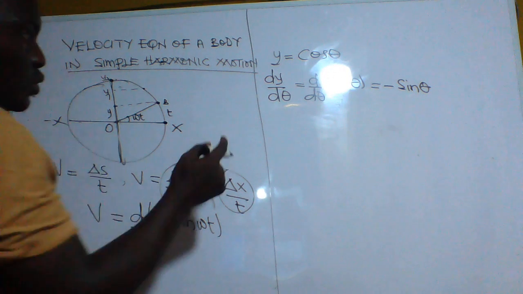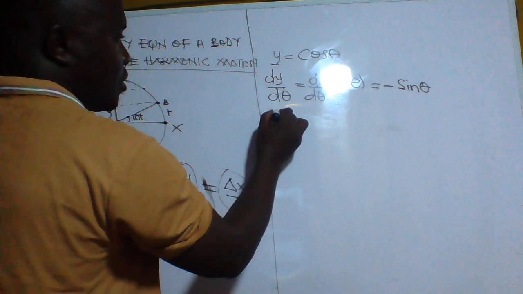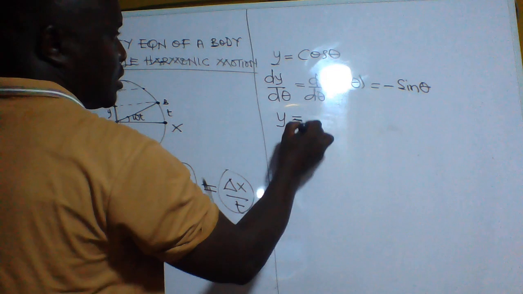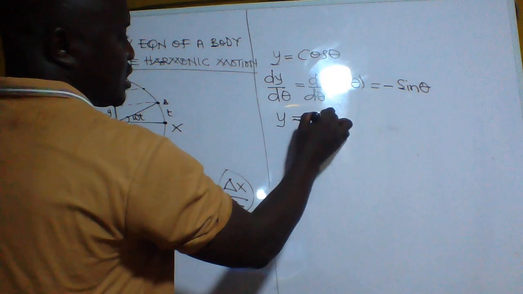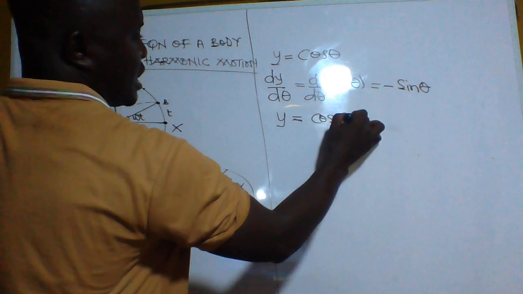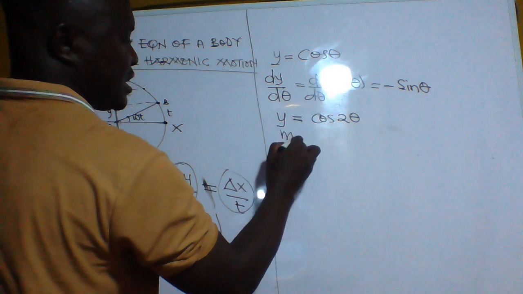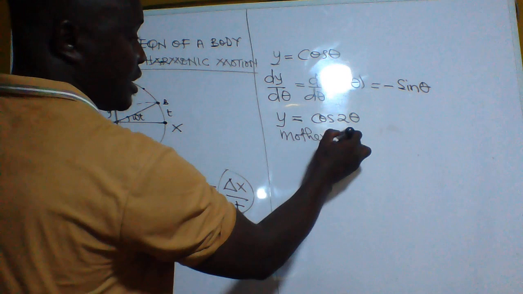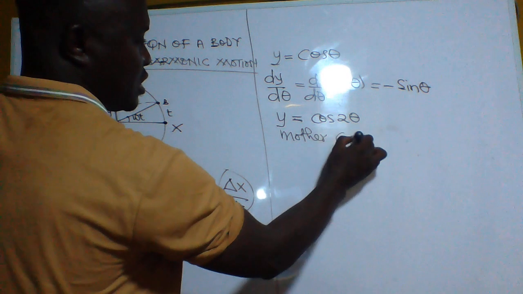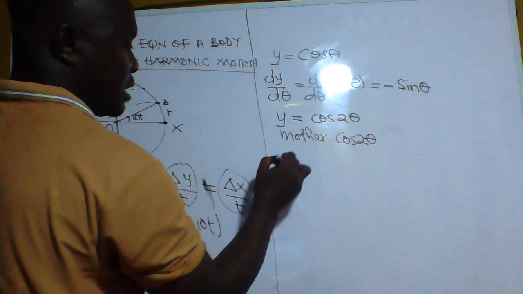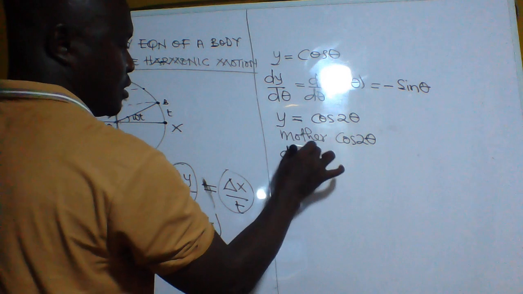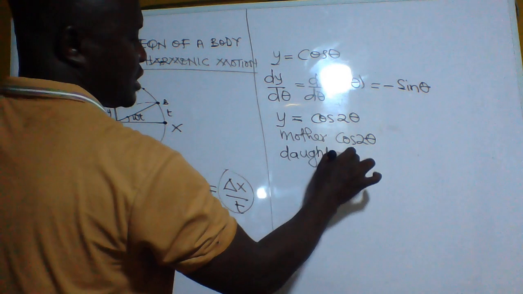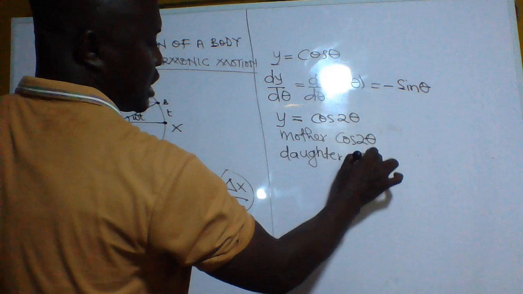Okay, so let's have a function within another function, cos 2 theta. The mother or parent function here is cos 2 theta. The daughter function is 2 theta.